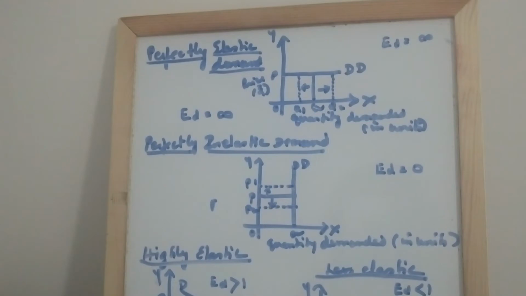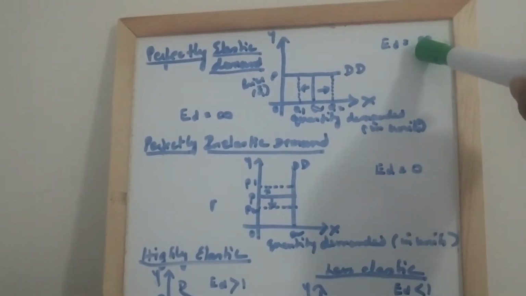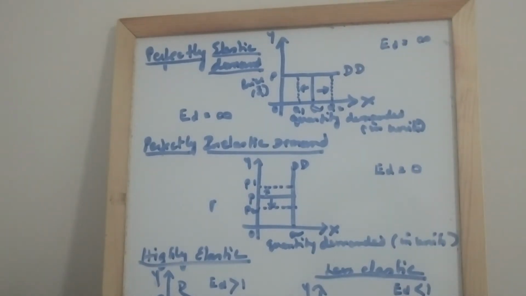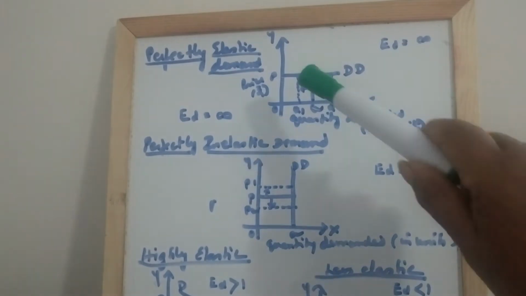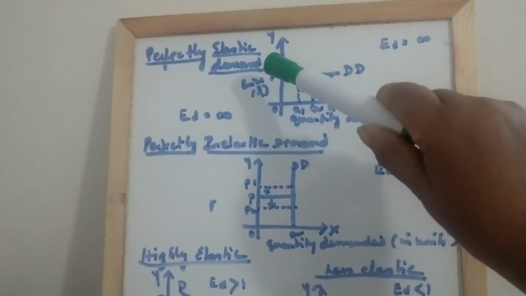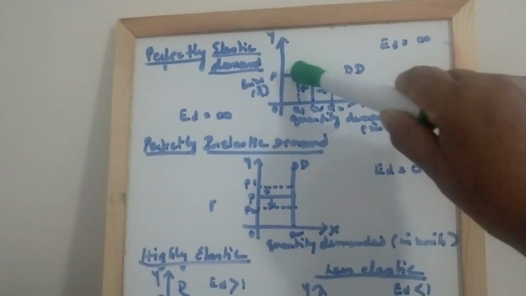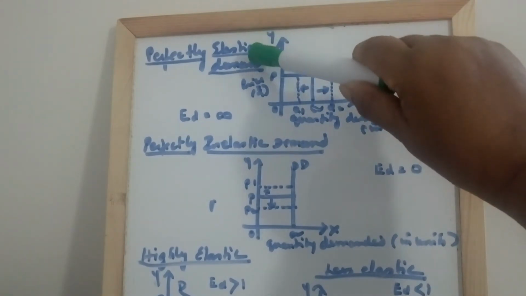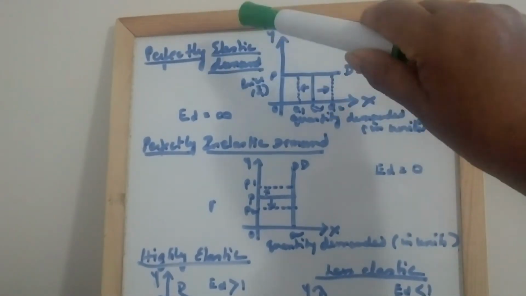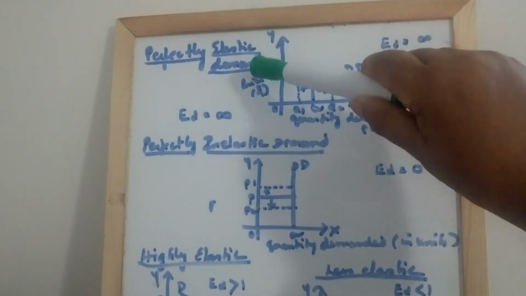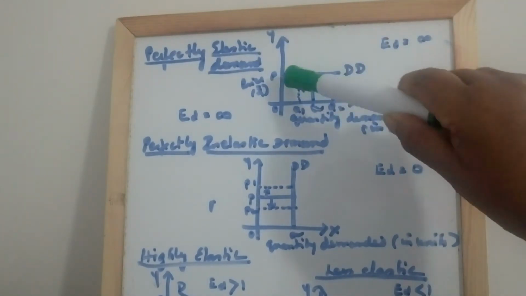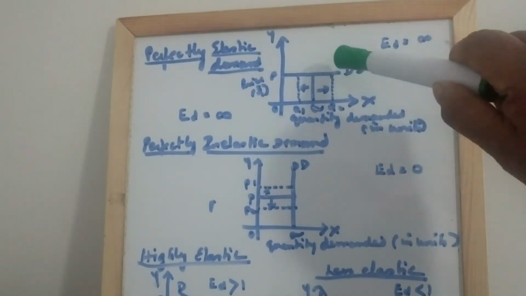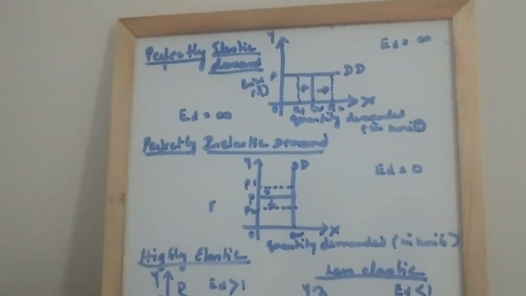So in this case, elasticity of demand is equal to infinity, and the demand curve is horizontal to the x-axis.